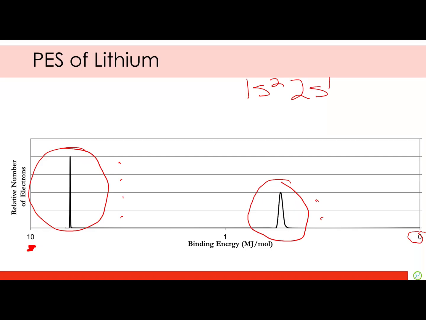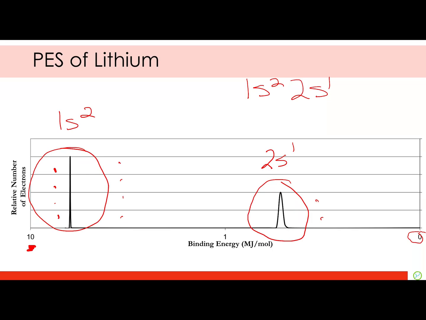We can surmise that this peak represents our 2s electron, and this peak represents the 1s2 electrons, since there are twice as many electrons in the higher peak.